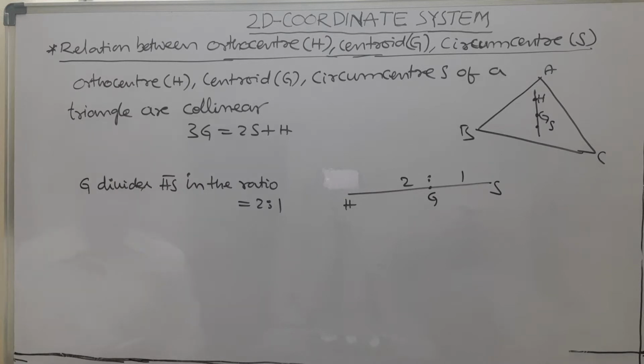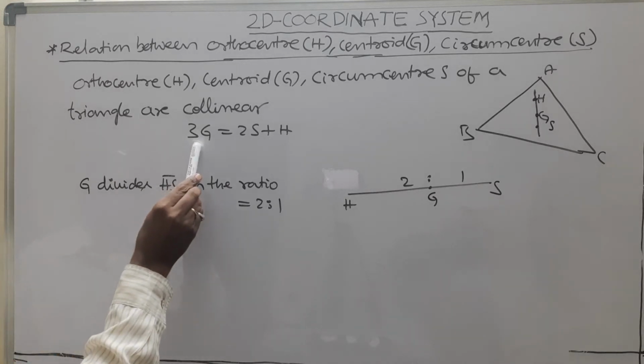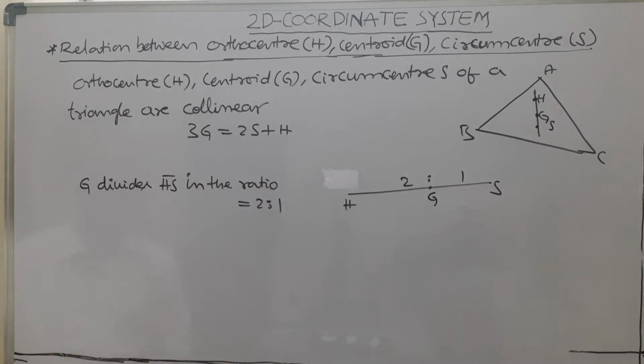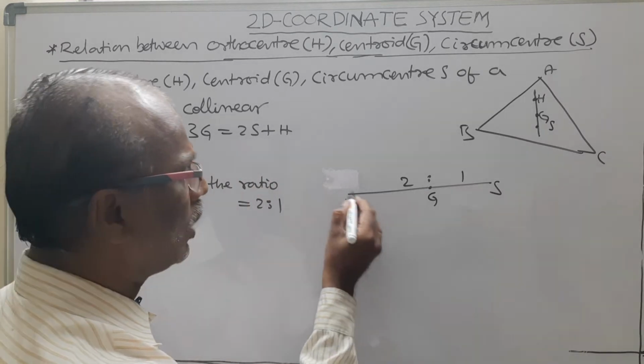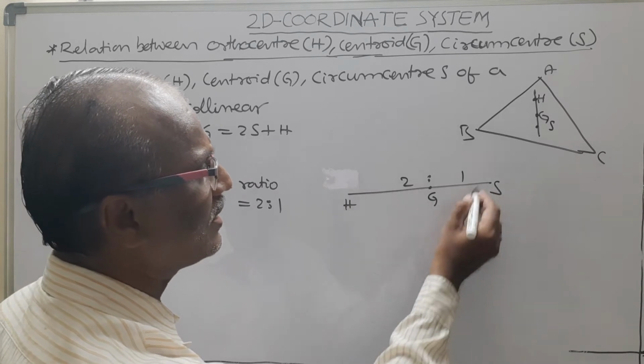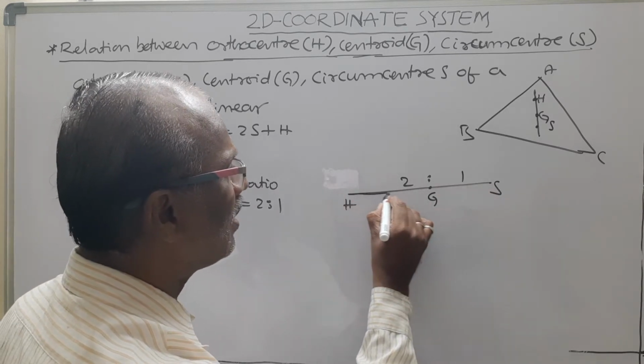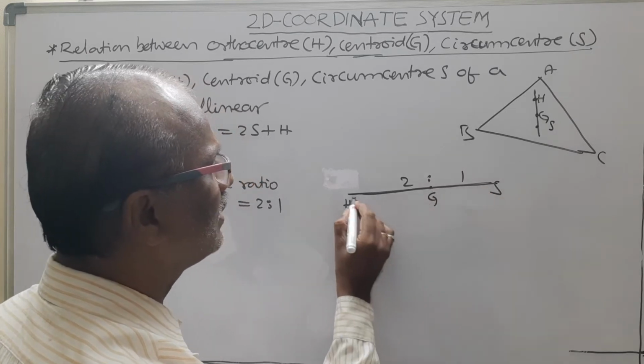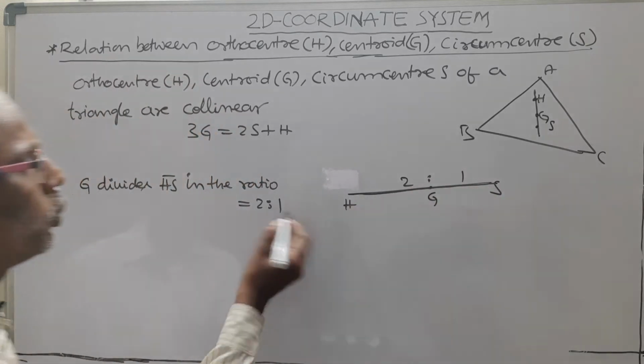One relation is there. The relation is 3G is equal to 2S plus H. Here H orthocenter, G centroid, S circumcenter are lying on the same line. These are the collinear points. Here G divides HS in the ratio 2:1.